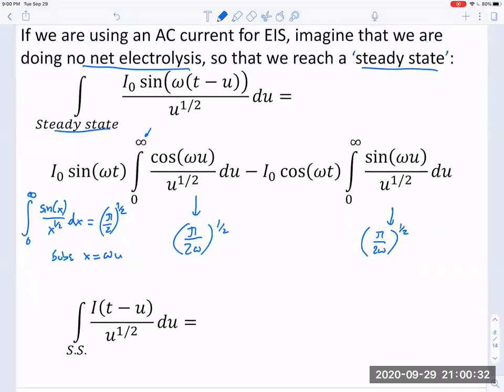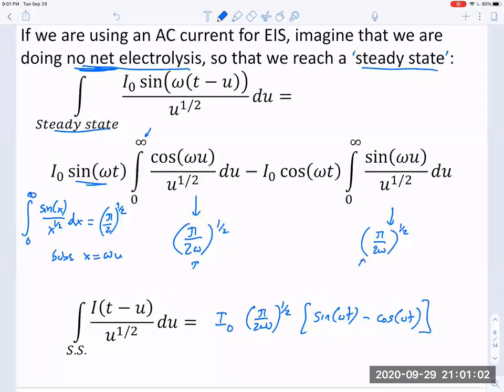And then we can say that this full integral that we had originally, when we're specifically at steady state, so that there's no net electrolysis, so no net reaction occurring, is going to be equal to I0 times (pi over 2 omega, our frequency) to the 1/2, and then we're going to lump things so that we have our sine omega t minus our cosine omega t, right, because these are the same, we just pulled them out from there.